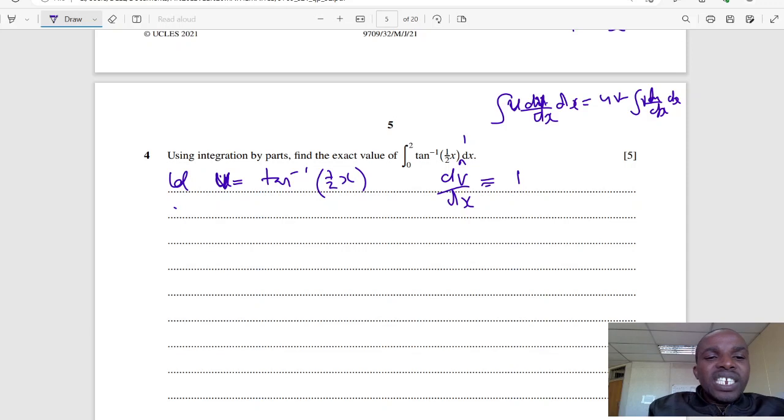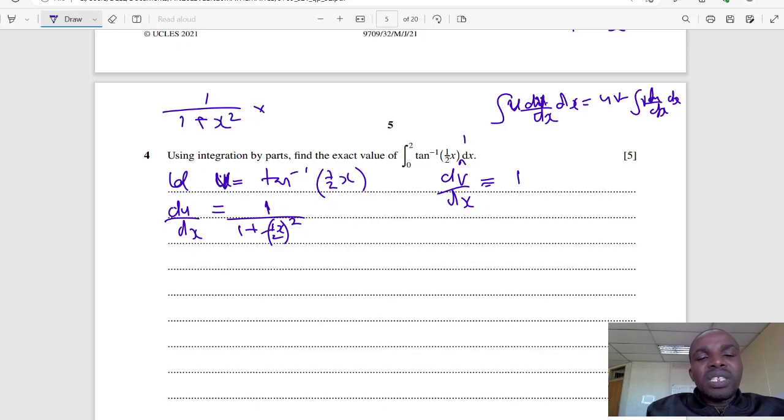Right, then differentiate, we say du over dx, it will be what? Arctan half x, it will be 1 over 1 plus half x, then squared, that is 1 plus x squared, so it's 1 over 1 plus x squared, times the derivative.